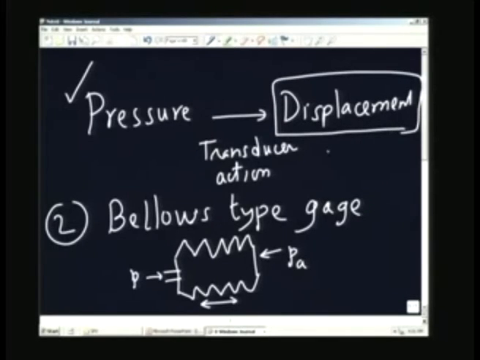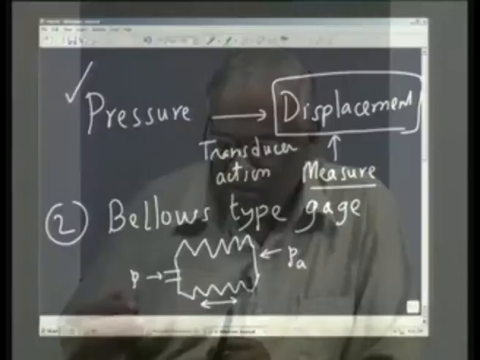This is what we are going to measure: displacement, or the change in the position of something from some datum. You want to measure that change and then relate it to the pressure. So, the original problem of measuring the pressure has been now replaced by the measurement of displacement.